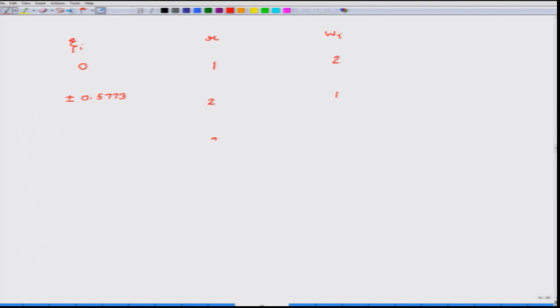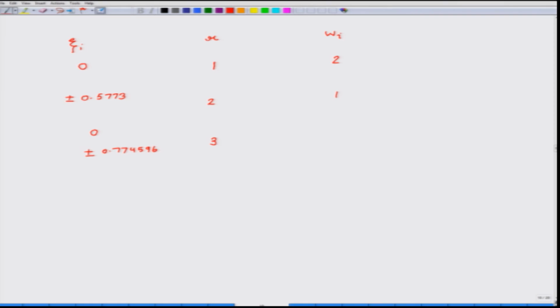Then you can have 3 Gauss quadrature points. Here the first Gauss quadrature point is 0, and the other two are plus minus 0.774596. Now, how do these come? We are not going to discuss that here, just as we directly wrote down the Simpson rule.